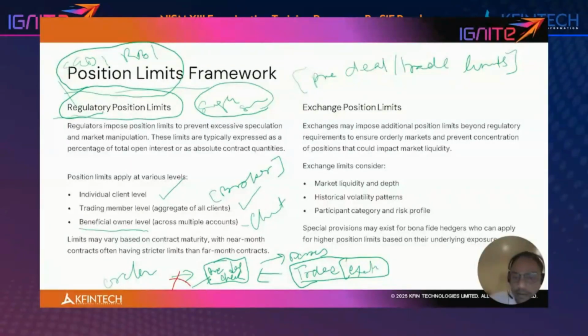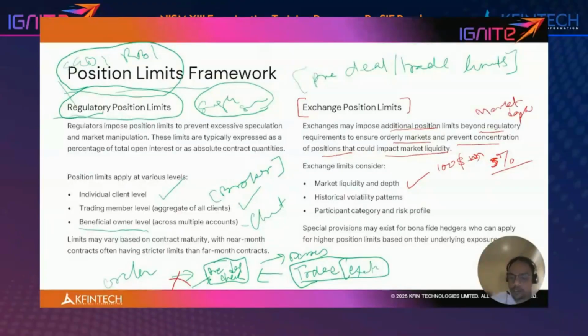These are regulatory limits. Then there are exchange limits also. Exchange may impose additional position limits beyond the regulatory limits to ensure orderly markets and prevent concentration of positions that could impact market liquidity. Market liquidity and depth, as I mentioned, example, the total bond market suppose is $100 million and there is a limit of 5% that an individual cannot hold more than 5% of the total market depth.